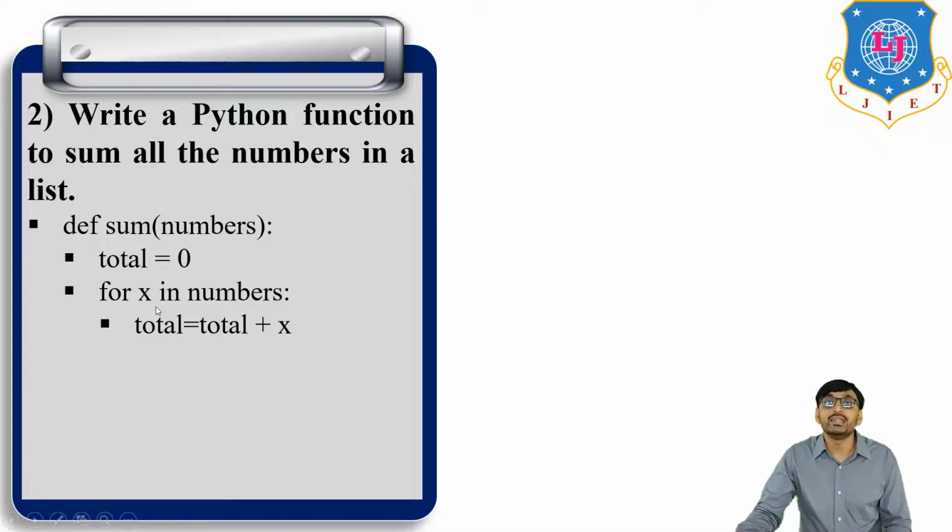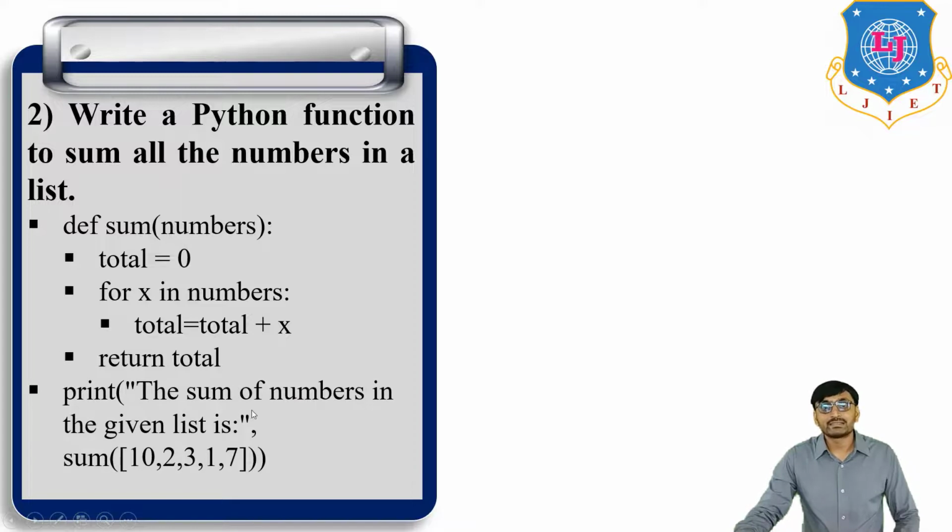Now for the third iteration, x is equal to 3, and the value of total in the previous iteration is 3, so 3 plus 3 is equal to 6. This loop continues for all values of x. Then return total; the final total is returned.